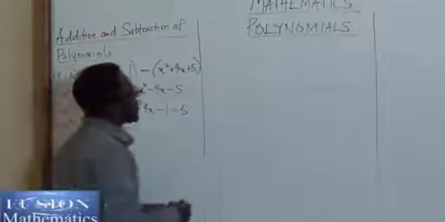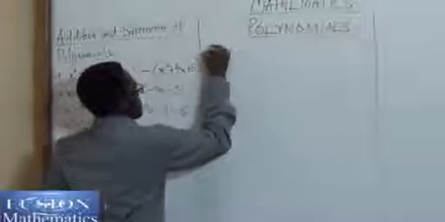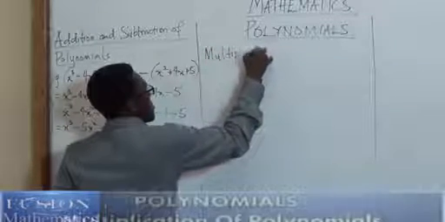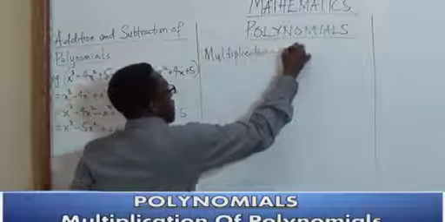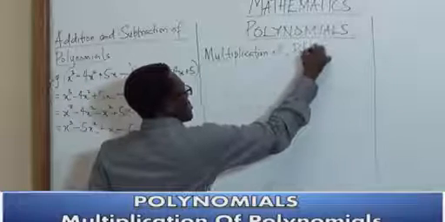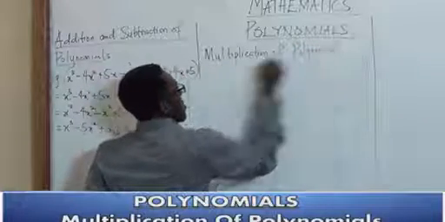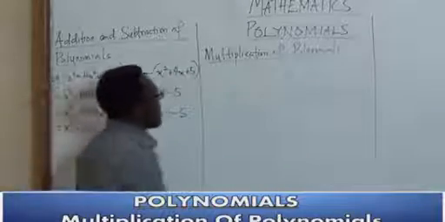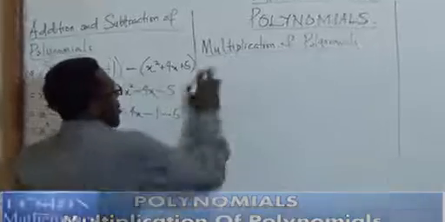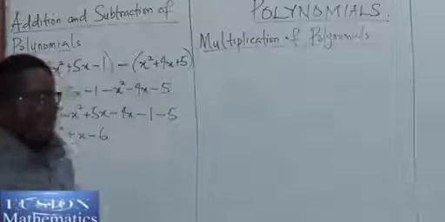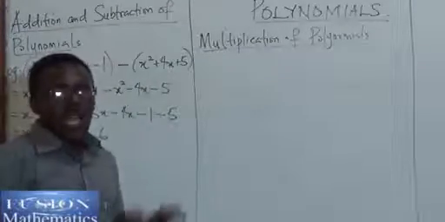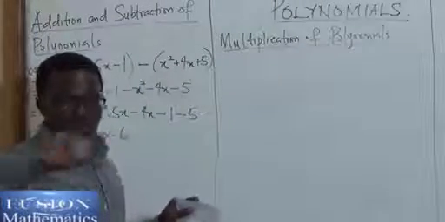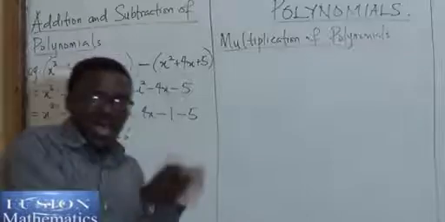Now let's go over to multiplication of polynomials. For multiplication, you take an element of one of the polynomials and multiply it by the whole of the other one, then add it to the other product.